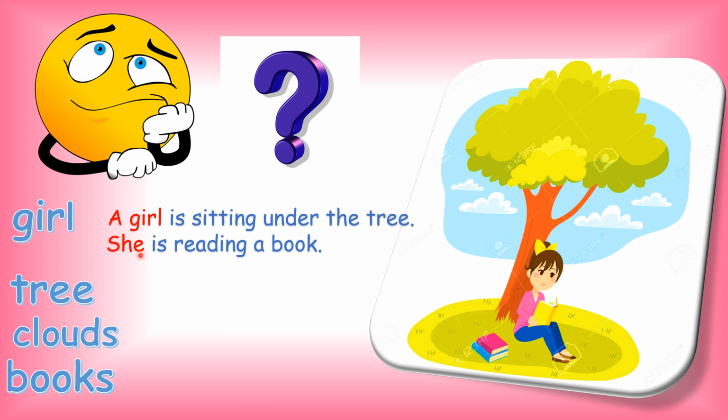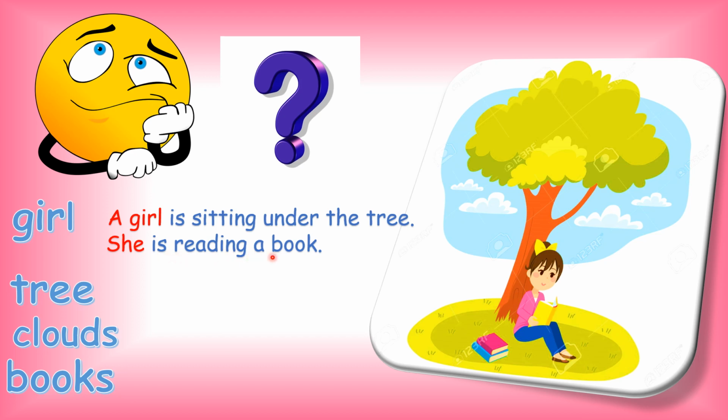In the same way, see here in the second sentence, she is reading a book. Who is reading a book? She is reading. Who is she? This girl is she. We have replaced this noun with a pronoun. So, how do we know that she is reading a book? Because this blue part of the sentence is telling us that she is reading a book.